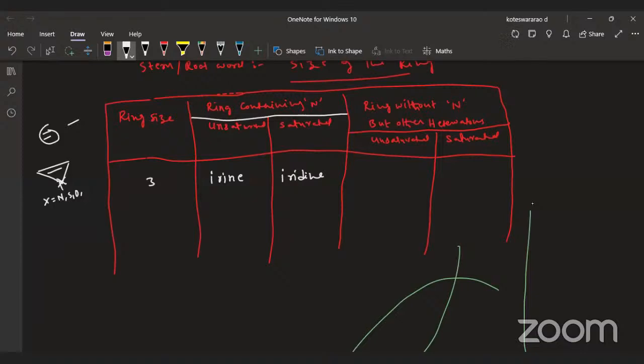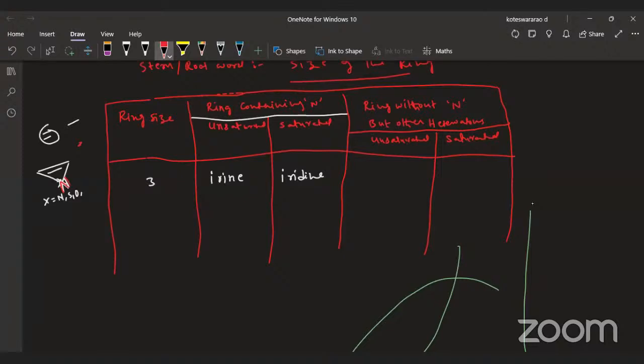Suppose X is equal to nitrogen, you consider it as nitrogen in the heteroatom. Now, nitrogen containing ring system, it is unsaturated one.